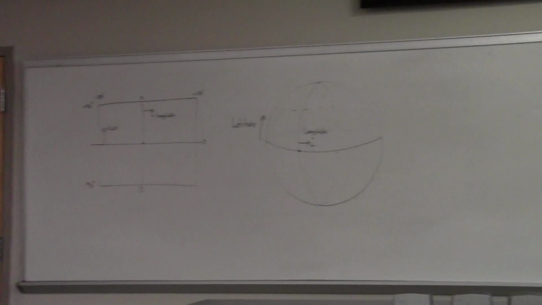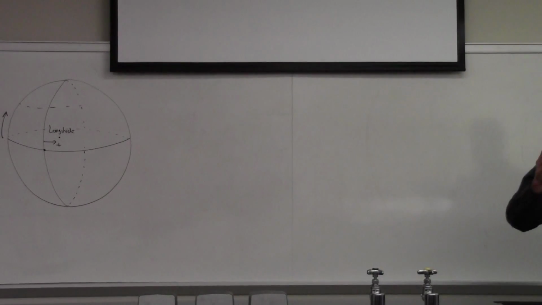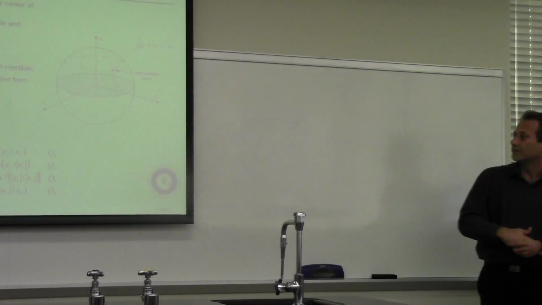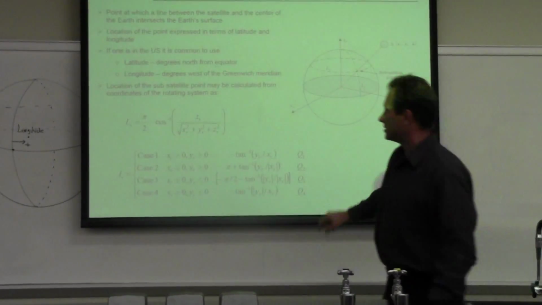All right, so what is it that we need to do? If I have XR, YR, and ZR, how do I get the longitude and latitude of the subsatellite point, right? How do I get these coordinates? This is coming up here. So these are the calculations, right?